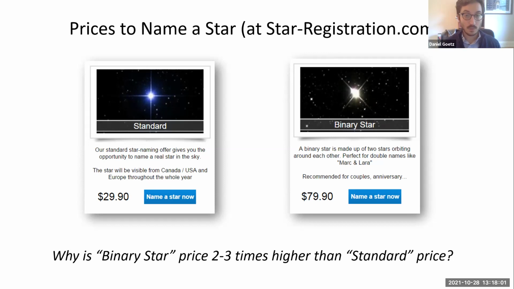So what do those things reflect? It reflects maybe people value the binary star more, right? People have a higher value for it, so the company can charge a higher price for it. And why might the binary one be more valued? Well, maybe because people like the look of it better.